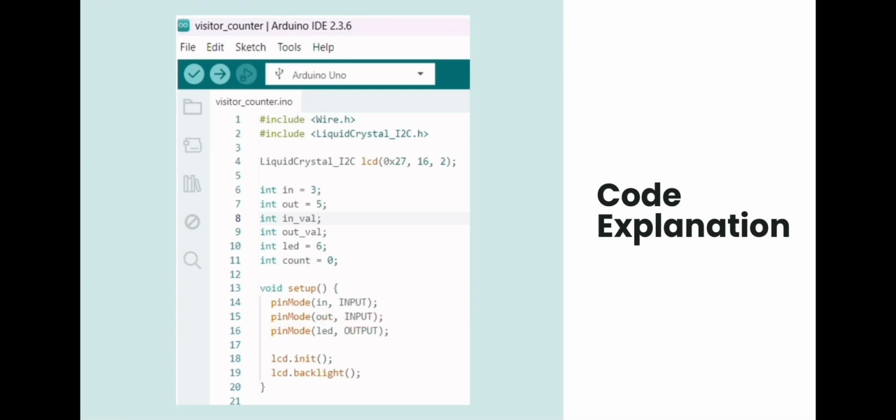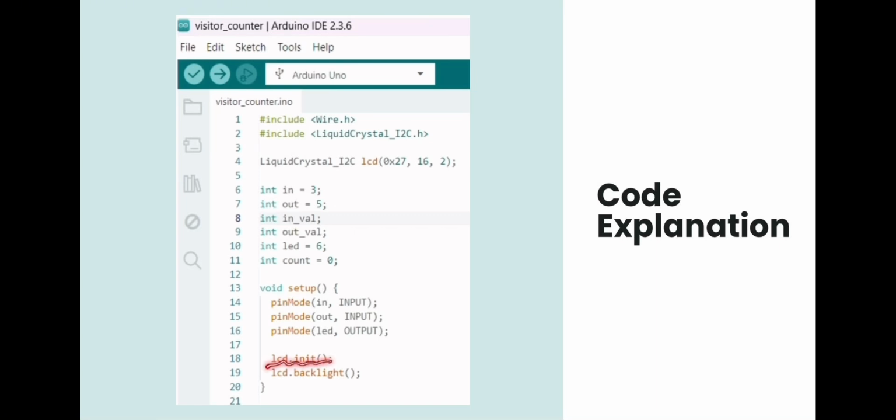The next one is for our variable out, the exit IR sensor. This is also set as an input to detect someone leaving or passing the sensor. Next is the LED pin. It's set as an output, which we turn on or off depending on the current visitors.